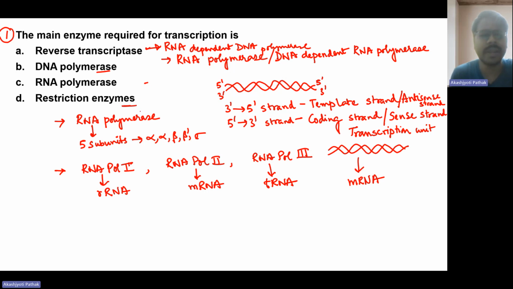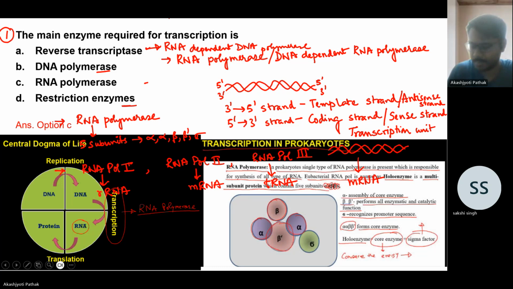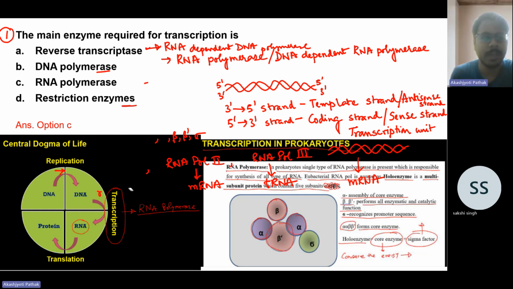They are also molecular scissors. So the correct answer for this question is option C. RNA polymerase is the main enzyme used for transcription.